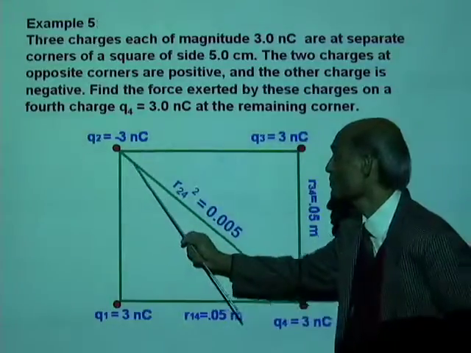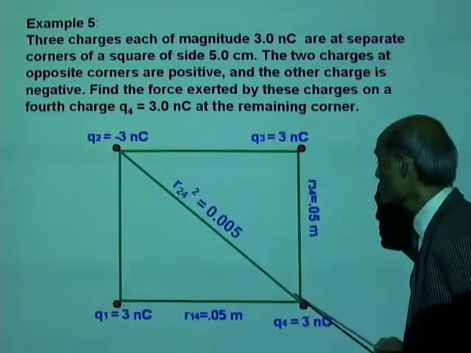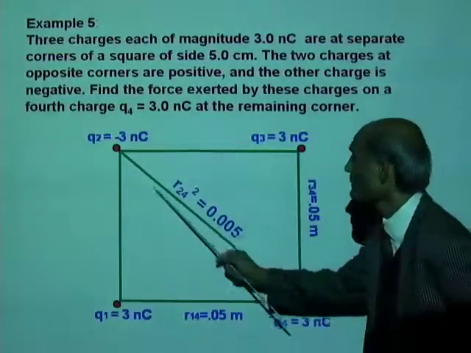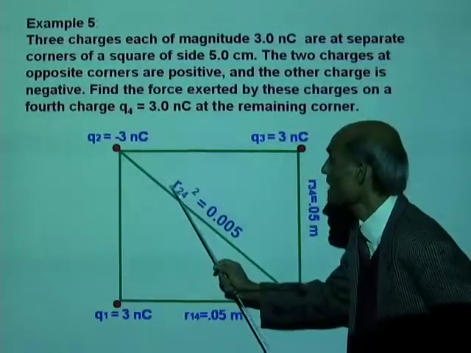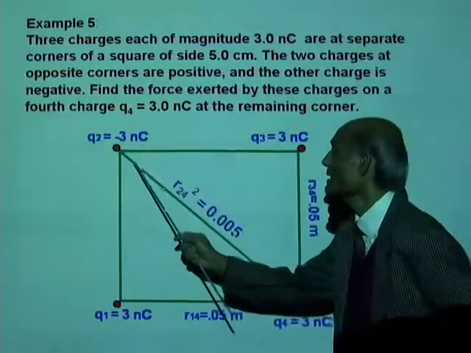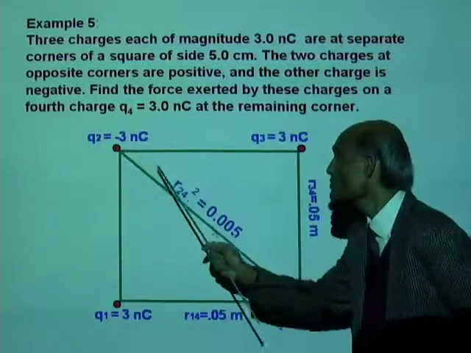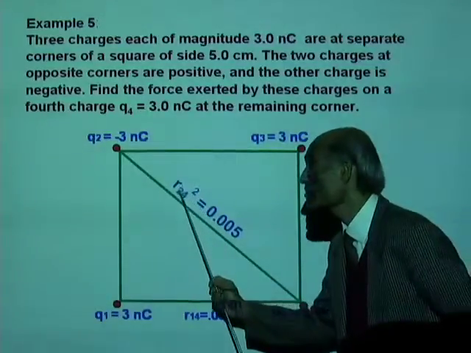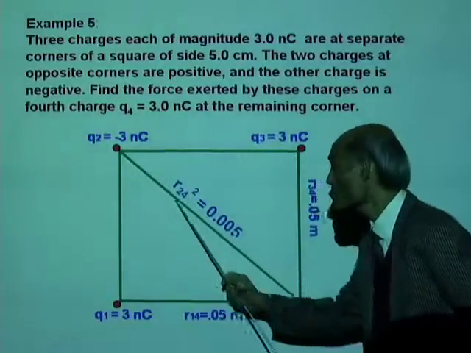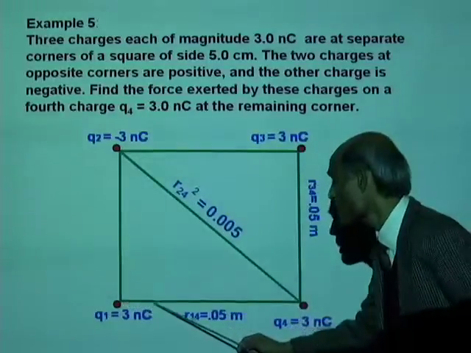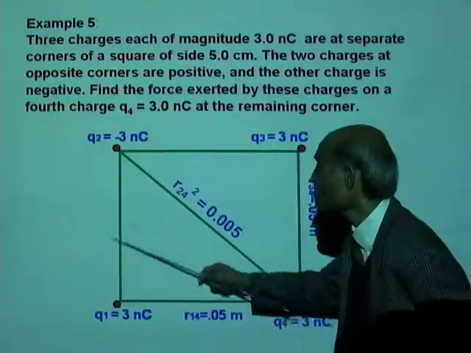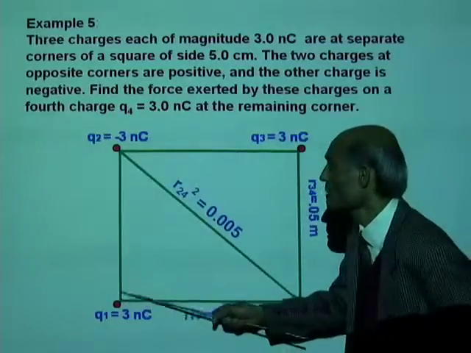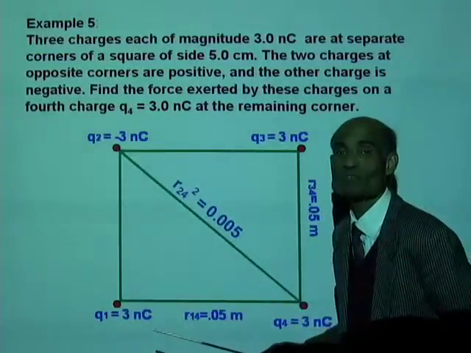Now, you need the distance between charge Q2 and Q4. What is that distance? This is the diagonal of this right triangle. That means R24 squared, the distance between charge Q2 and Q4, is the square of this plus the square of this, 0.05 squared plus 0.05 squared.